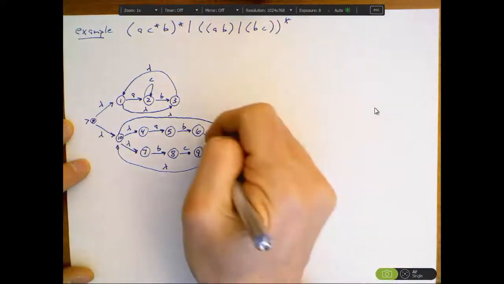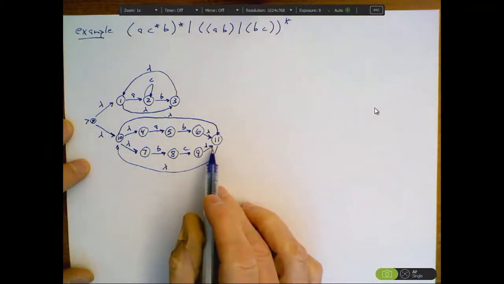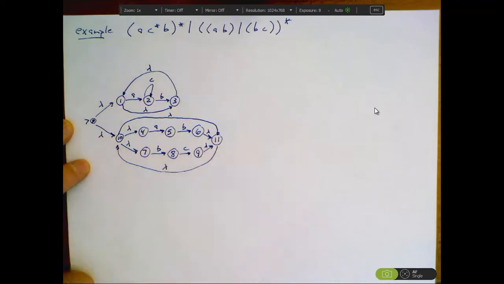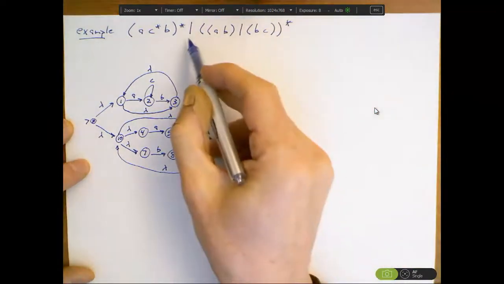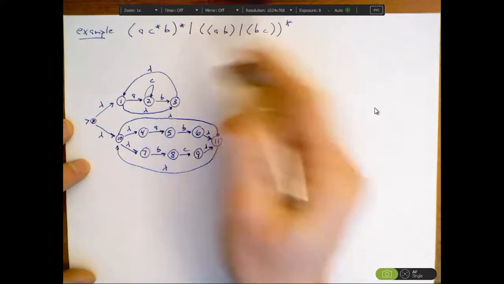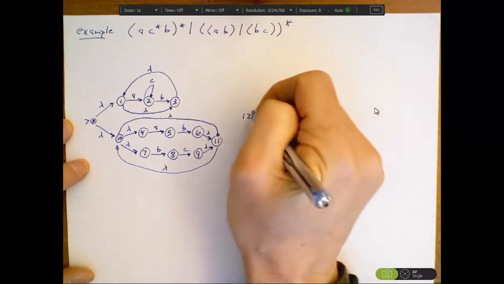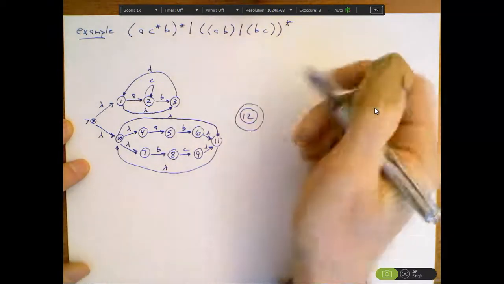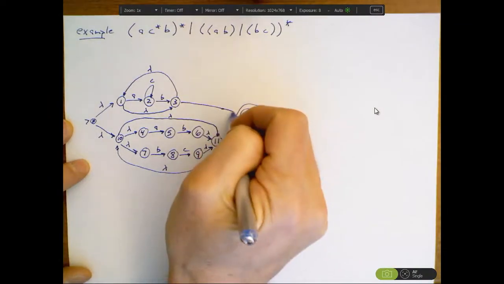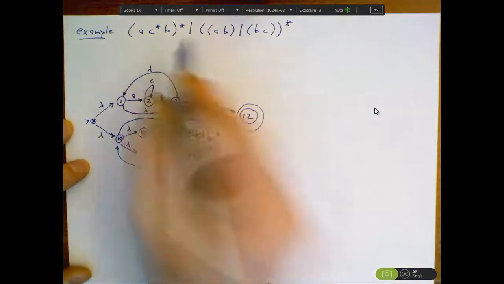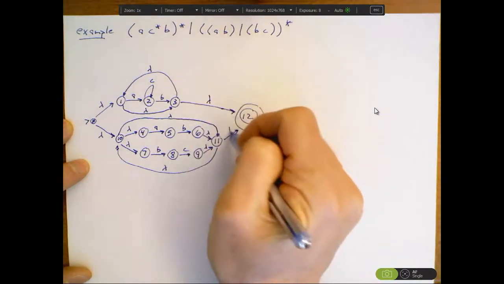Again, I've forgotten to put some lambdas on here. And then return and go through as many times as I want. And finally, I have to bring this alternation back together again, and that becomes a final state, either leaving the left-hand side alternation or leaving the right-hand side alternation.